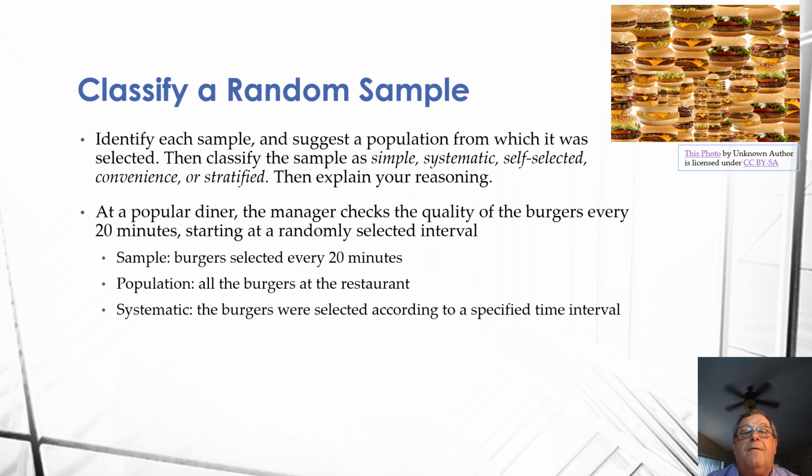And in a stratified sample, we group the population into various groups and then select a random sample from each of those groups. Classifying random sampling. And random sampling is a key component of statistical analysis.